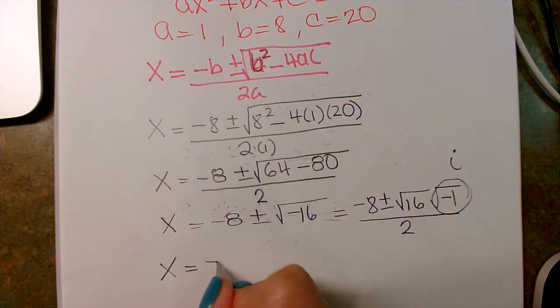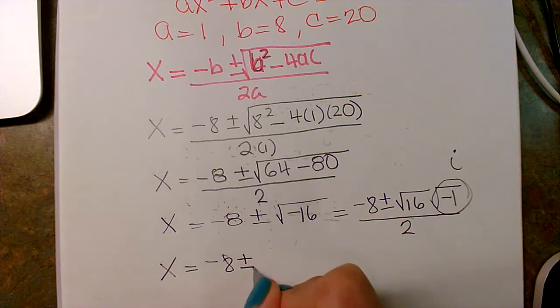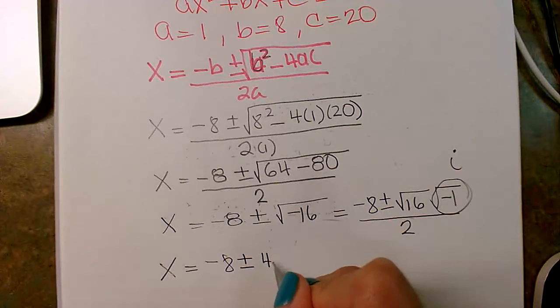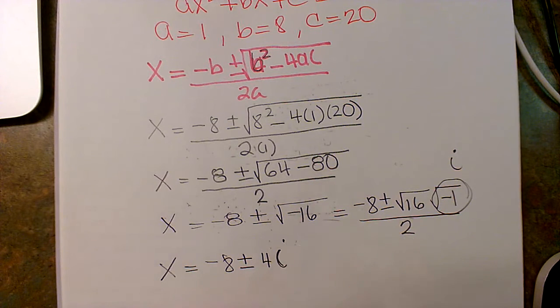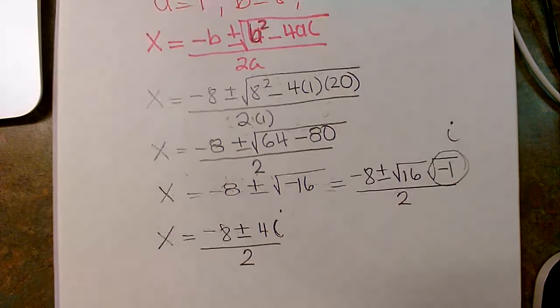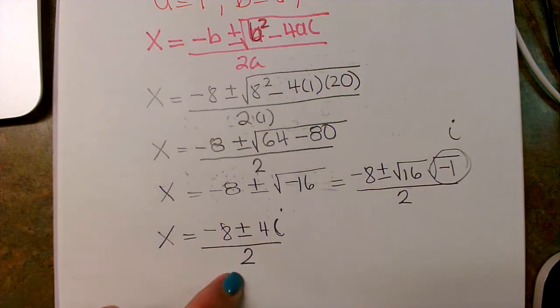So we have negative 8 plus or minus, we know the square root of 16 is 4, sorry. Times what? Times the I divided by 2. So now I have 8, 4, and 2.